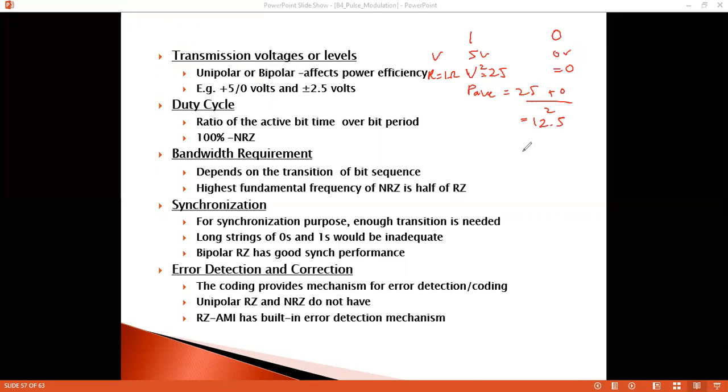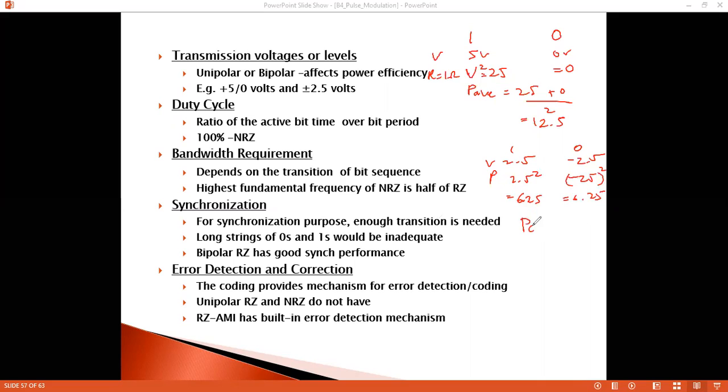If we use 2.5 and minus 2.5, the power is 2.5 squared, which is 6.25, and minus 2.5 squared, which is also 6.25.